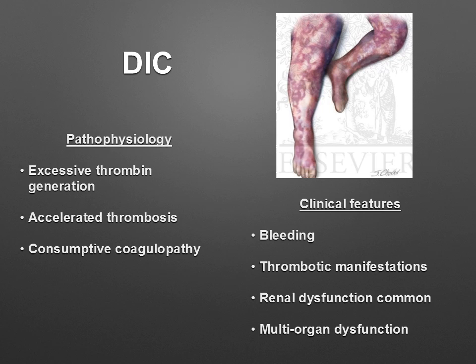In terms of the pathophysiology, it's basically you're getting unregulated and excessive generation of thrombin, and you get this aggressive, accelerated thrombosis that can then occur. And the inciting insult, like sepsis, if it's persistent and severe, means that this is driven on and on and on. It can become extremely excessive.